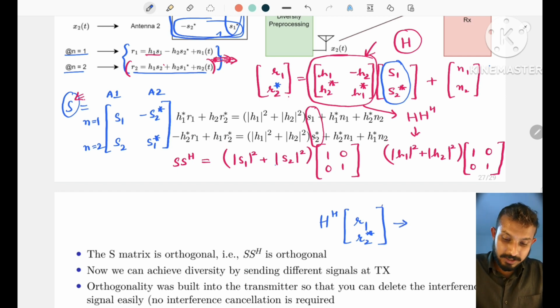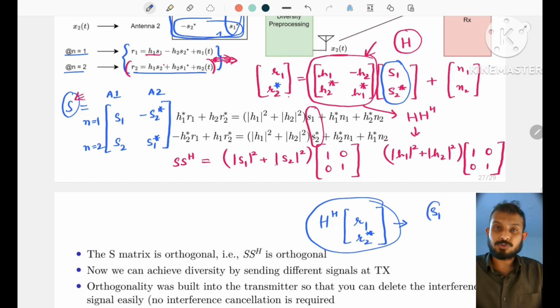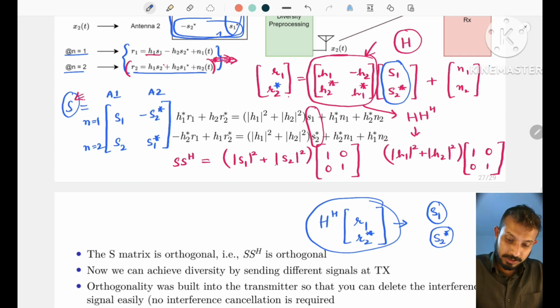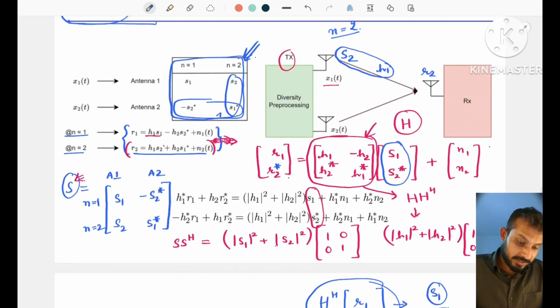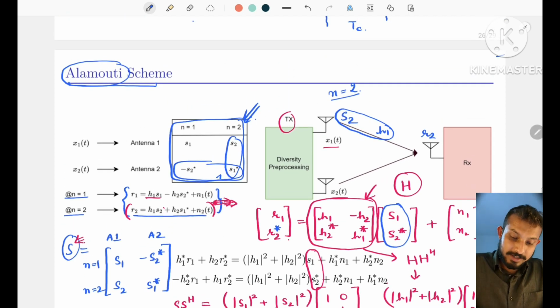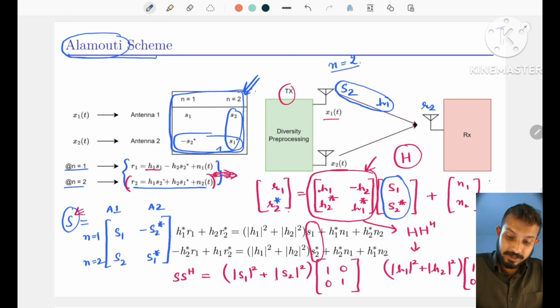So if you have done this, at first time slot, you can easily detect S1, and then at the second time instant, you can easily detect S2 conjugate, and there is no interference coming from the other symbol. So this is why, because of this Alamouti scheme, we are sending two different signals.